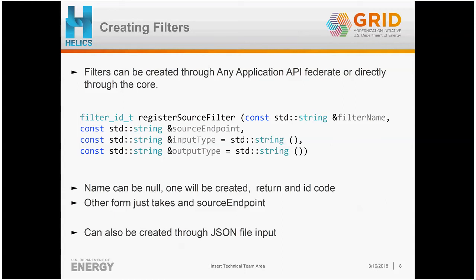There's another form in the APIs that takes basically just an endpoint and doesn't worry about the types or name. Filters can also be created through a JSON file input for configuration. And in a federate, it then creates a list of the actual federate objects, and you can query these and get them out at a later time.